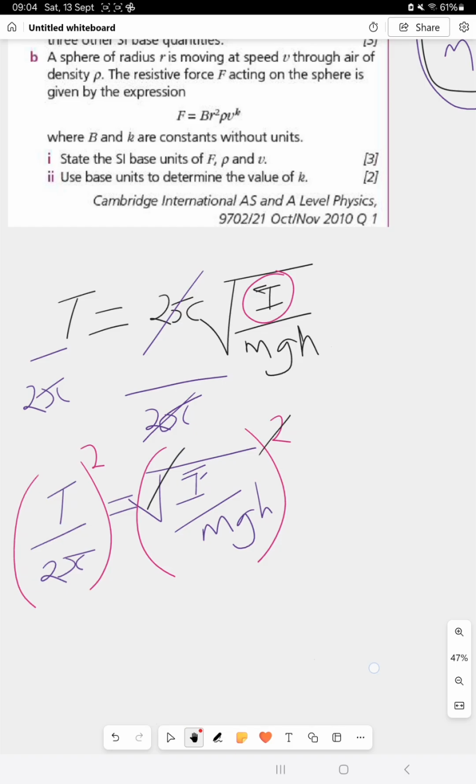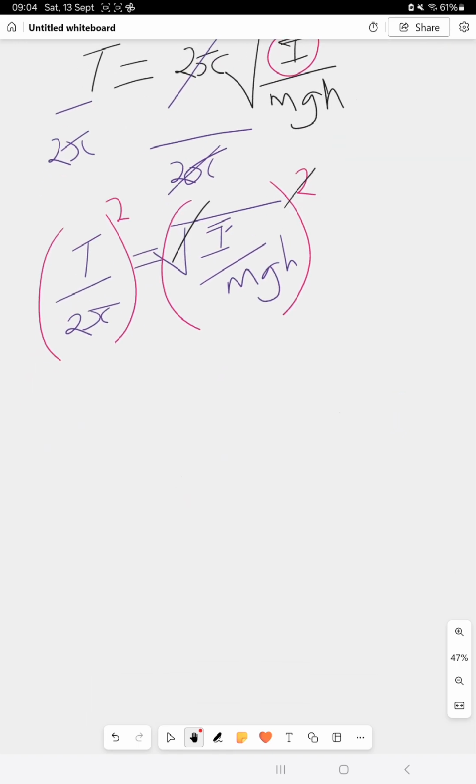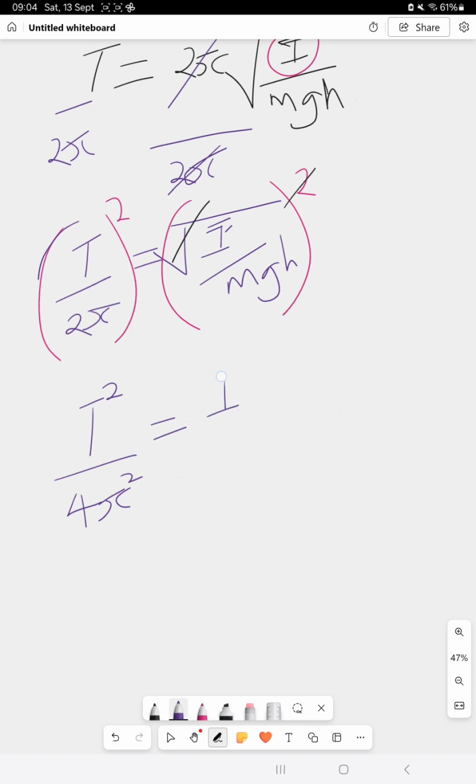So I will remain with T squared over 4 pi squared. Don't forget we are squaring everything inside this bracket here, and therefore this one is equal to I over mgh.